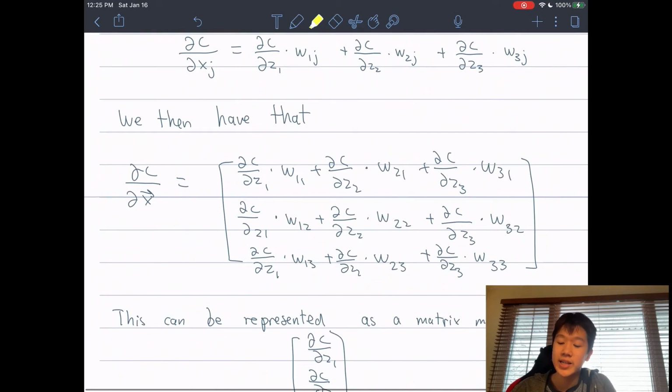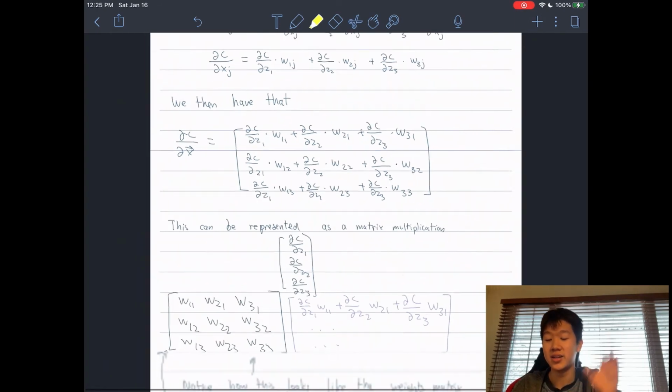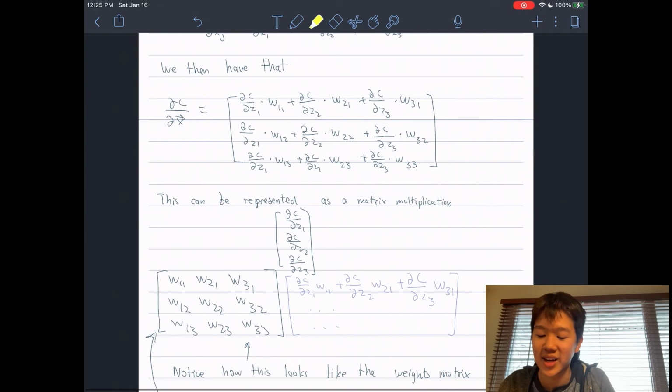We can now express that in a matrix, or a vector more precisely. So del c over del x, the vector, is going to be equal to del c over del z1 times w11 plus del c over del z2 times w21 plus del c over del z3 times w31. The second row is going to be del c over del z1 times w12 and all that. I won't say everything.